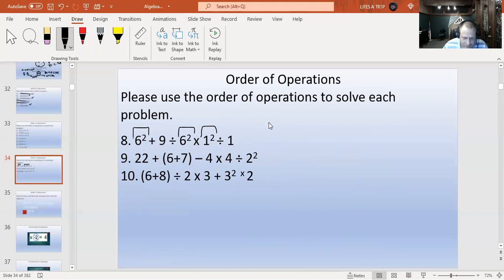So looks like I'm going to do 36, because 6 times 6, plus the 9 divided by another 36 right here, times the 1. 1 times 1 is 1. Divide by 1.